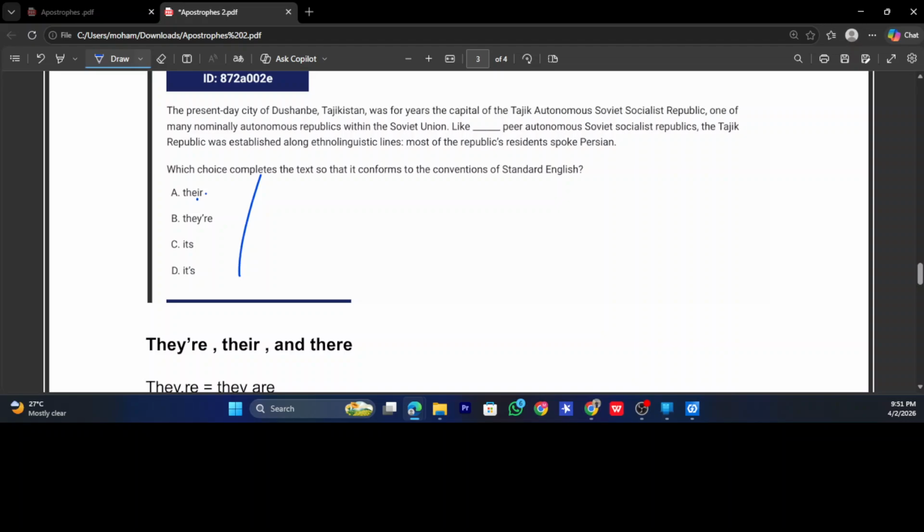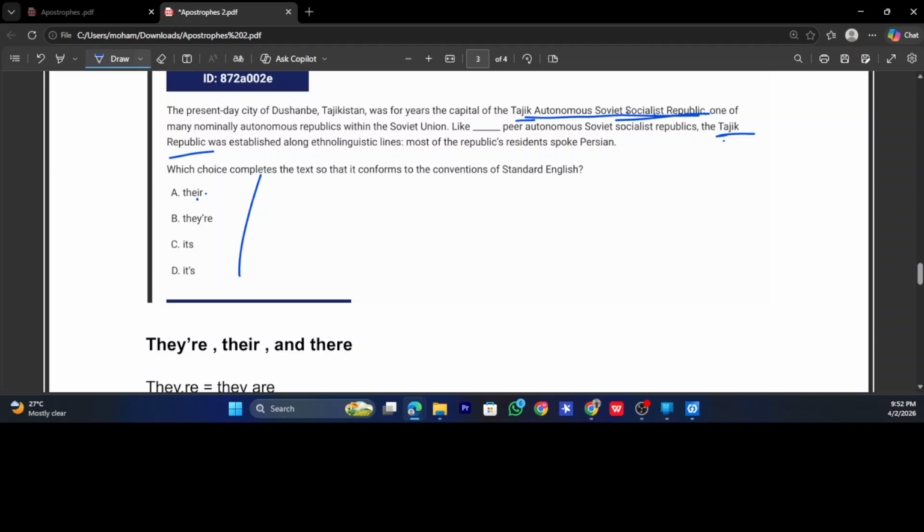So the number is singular, it is our number.